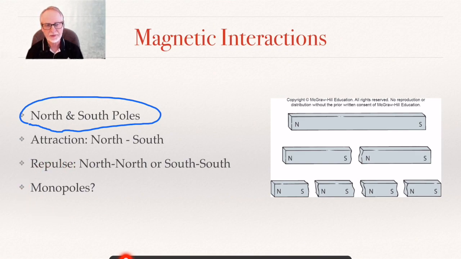There's been a search for monopoles for ages as scientists have tried to discern whether such things actually exist. There are some theories that predict the existence of monopoles, but they've never been observed. So that's one big difference between electricity and magnetism. We cannot isolate the north and the south pole into monopoles.